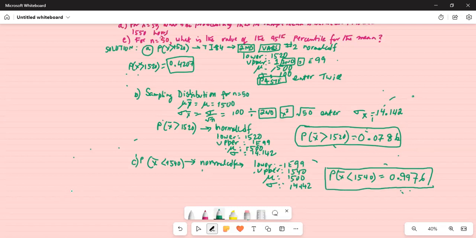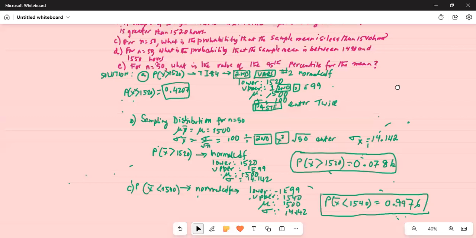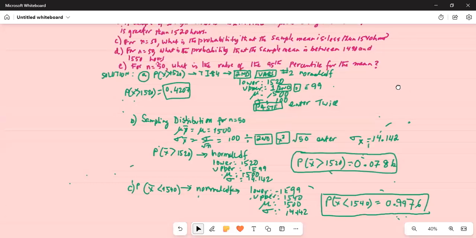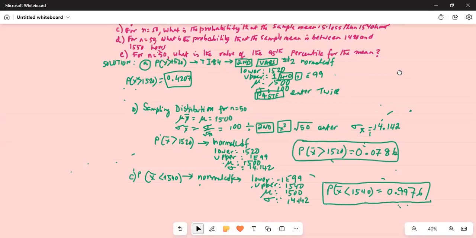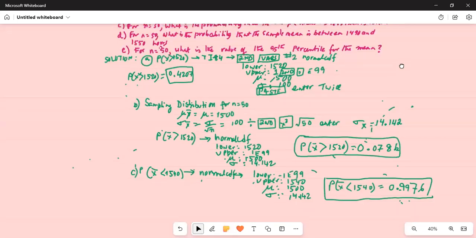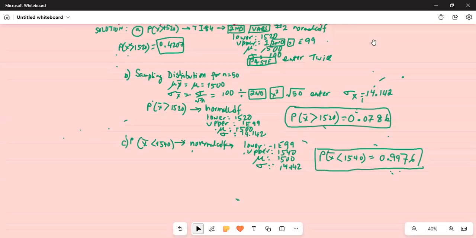Okay. Now we will do part D and then part E. So let's read what is in part D. Part D is between 1490 and 1550, the sample mean. Okay, 1490 and 1550 hours.